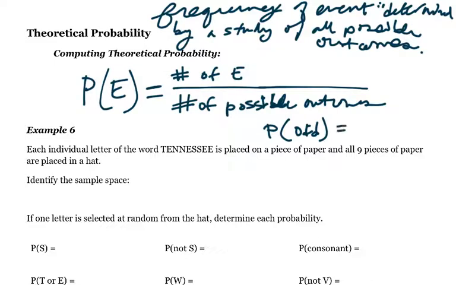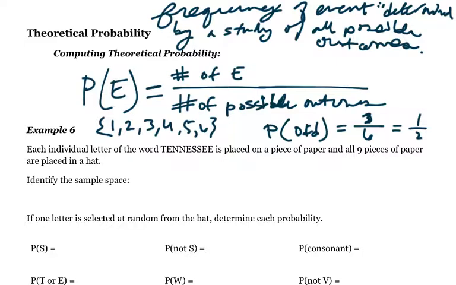But if we think about it, on a die, the sample space is 1, 2, 3, 4, 5, 6. That's the total sample space. And there are 3 odd numbers. So my theoretical probability that I get an odd would be 3 out of 6, which is equal to 1/2 when we simplify. So we're going to look at a couple of examples where we use theoretical probability.